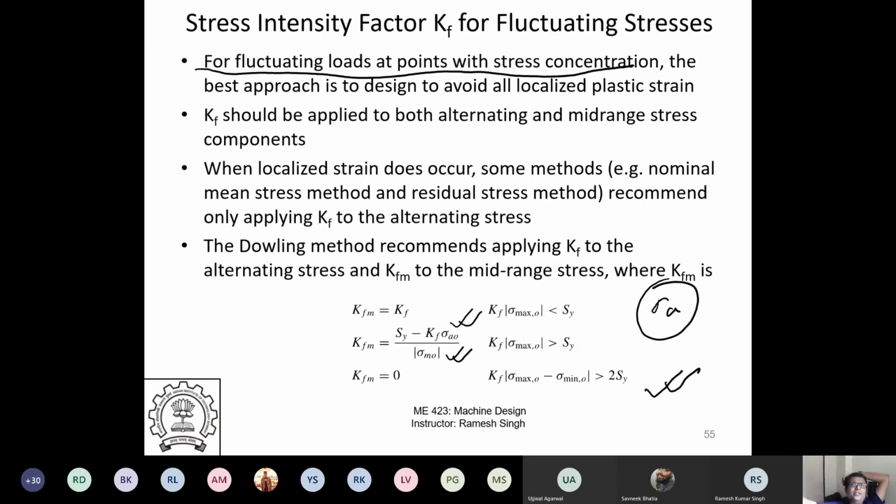You'll never have a uniform shaft. There will be very steep changes in the dimensions, and because of that, there will be stress concentrations right where the dimension changes very fast. Regardless of what you do, you will have these changes in dimensions. So you will have to apply this stress intensity factor to both alternating and mid-range components. Okay, did I answer your question?